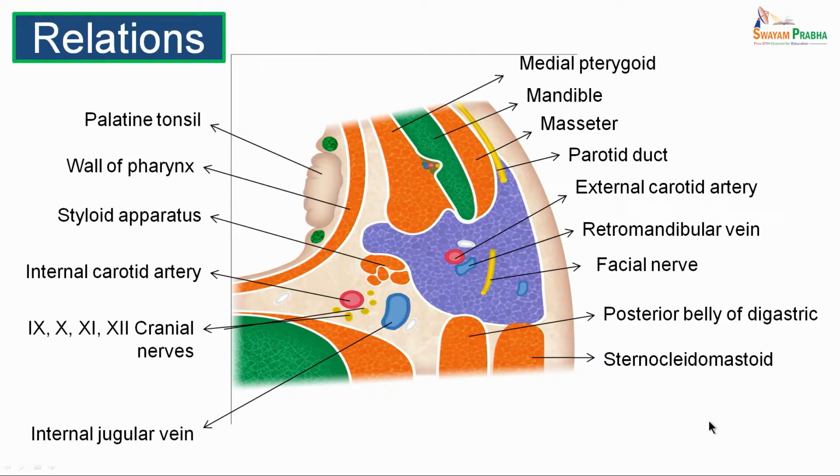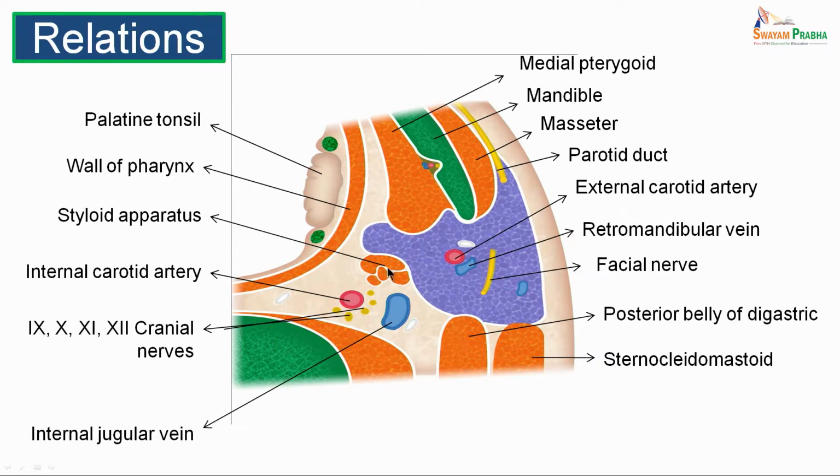We have the picture showing us relations of the posteromedial surface. This is the posteromedial surface related to the mastoid process and two muscles attached to it, sternocleidomastoid on the outer side and posterior belly of digastric on the inner aspect.